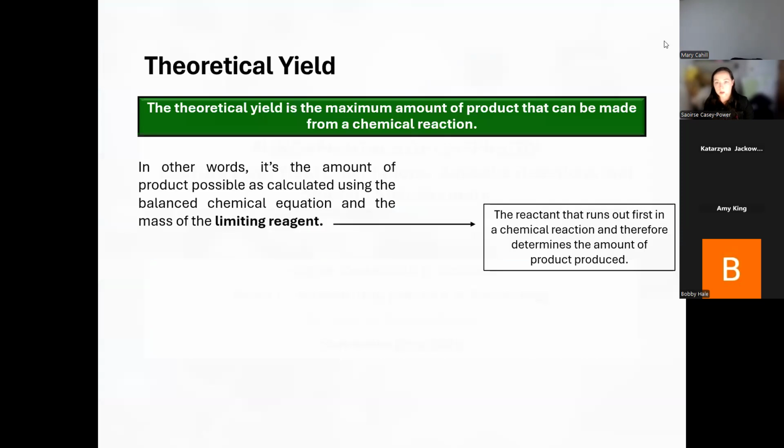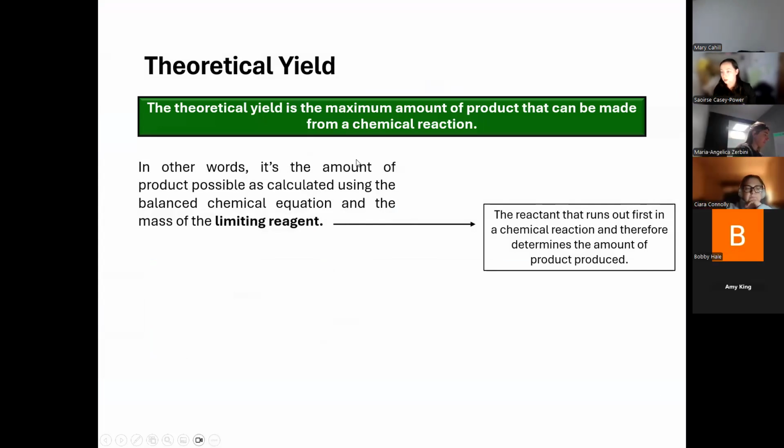So can you guys see the theoretical yield slide? Yes. Perfect. Okay. So for some of those moles calculations, they'll often ask a question based on theoretical yield.